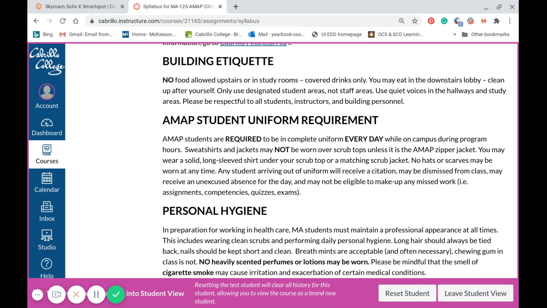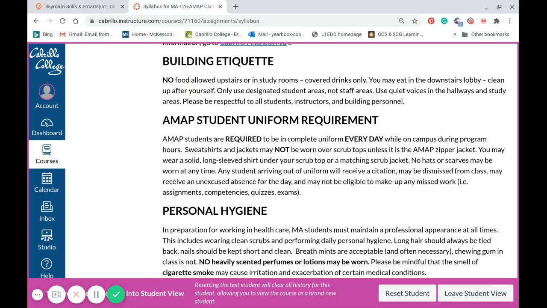If it's cold, you're going to want to get a long sleeve shirt, solid color, to wear underneath your scrub top. But that can be a little problematic when we get into checking vitals and things like that, as far as checking blood pressure. So hopefully we'll be ordering the AMAP sweatshirts pretty soon that you can wear over.